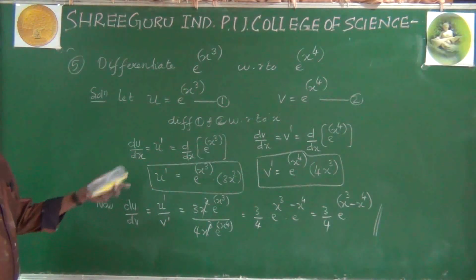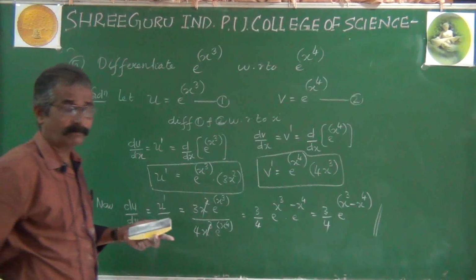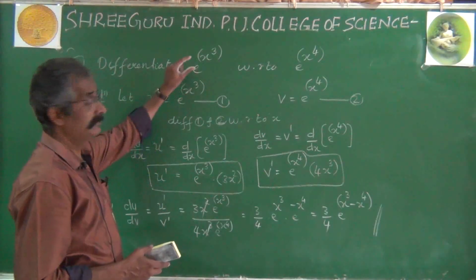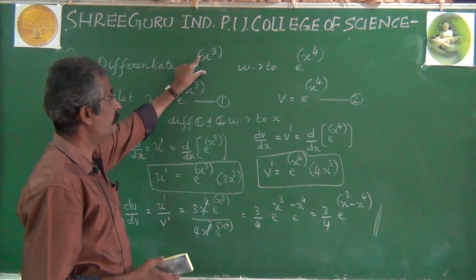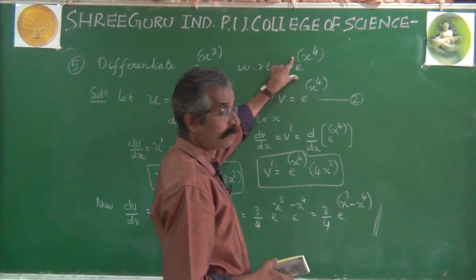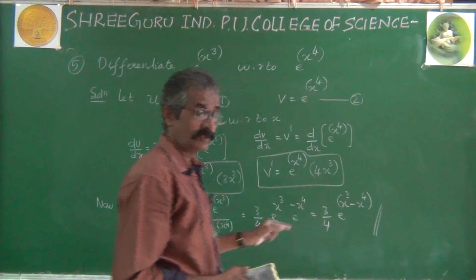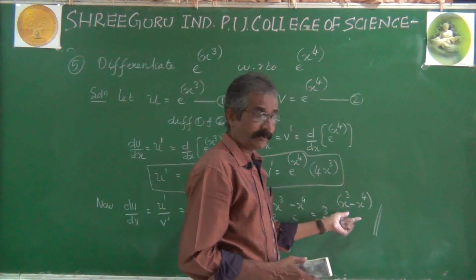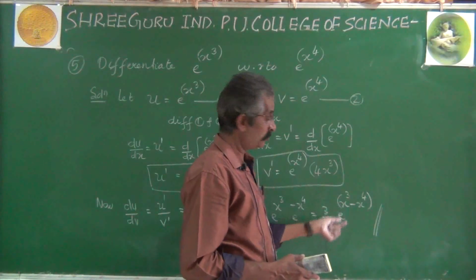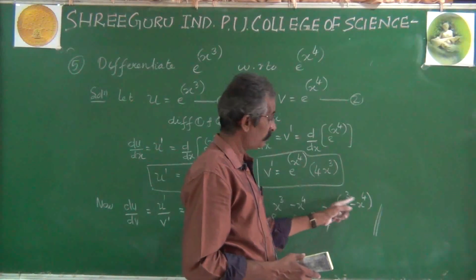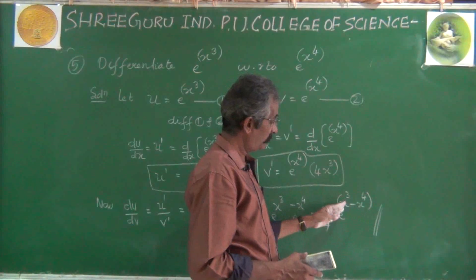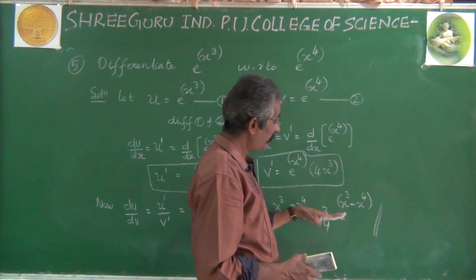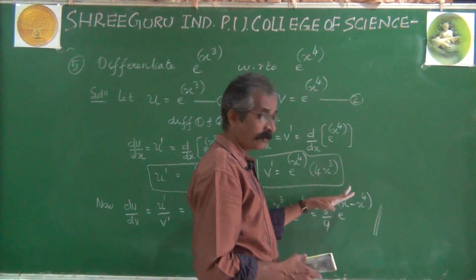So even in this question, as I already told in the earlier problem, it may be given to find the derivative of e power x cube with respect to e power x power 4 at x equals 0. If that were the case, at the end put x equal to 0. 0 cube 0, 0 power 4 0, 0 minus 0 is 0, e power 0 is 1.